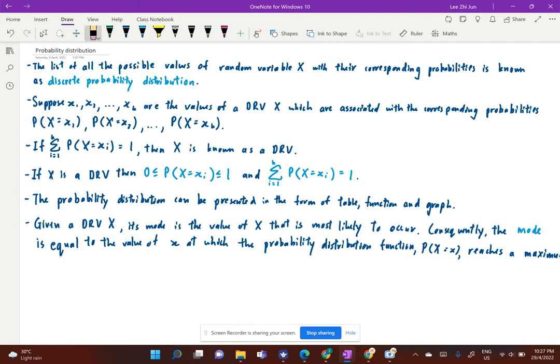P(X = x1) like this until P(X = x_k), the last probability value. And if I remember this, if the sum of these probabilities equals 1, then X is known as a discrete random variable.